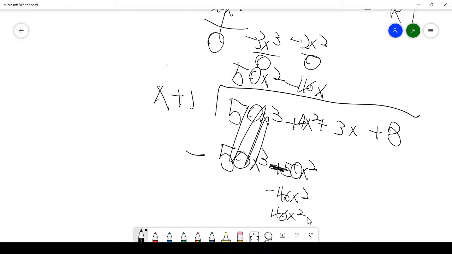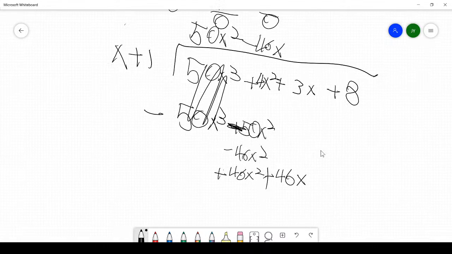Now here it becomes, because you're multiplying by a negative number, negative 46x, except not, because this was negative, you need to make this positive again. So now you're down here to this.